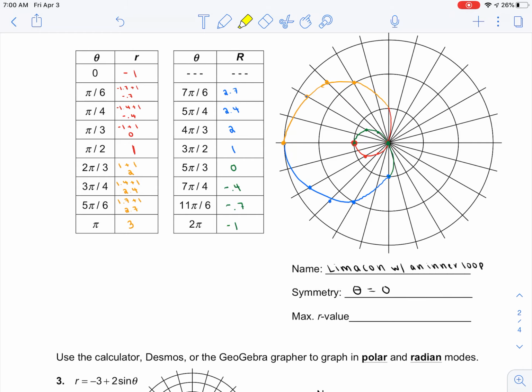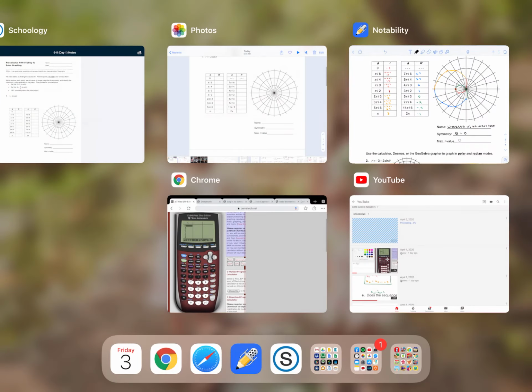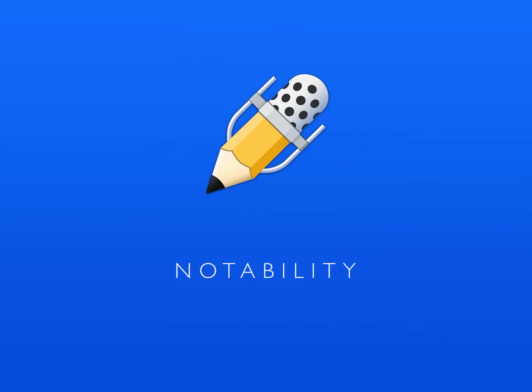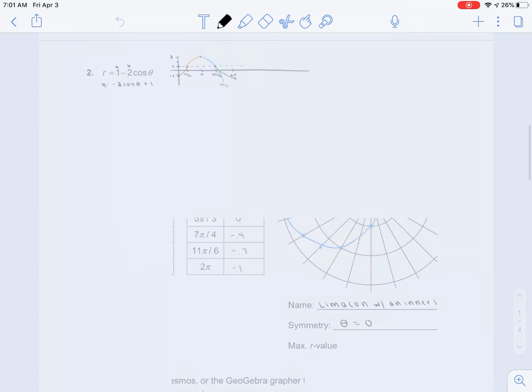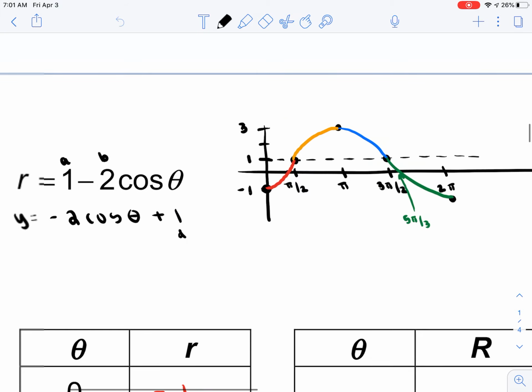The maximum r value, however, for this one was 3. Think about why. Think for a moment, because I have to do this one more time. That midline of the graph was equal to this value of 1. And think about the maximum up or the maximum down we're going to go depends on what the amplitude of this graph is.